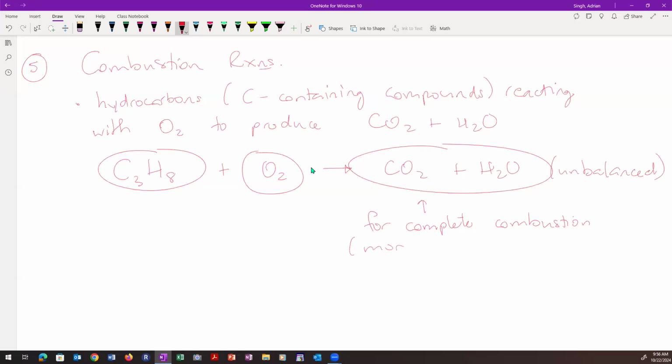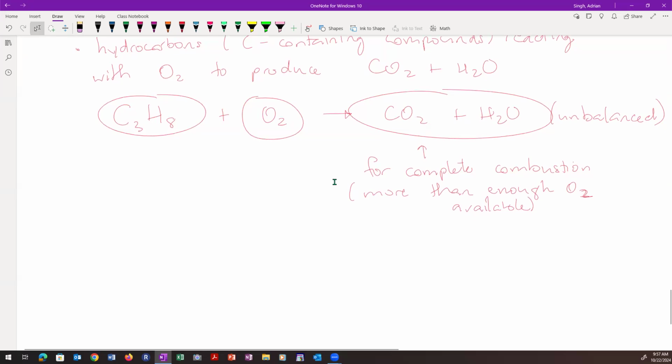So we say more than enough oxygen available, O2. In some cases, you don't have enough oxygen. Maybe you have a fire, you're burning something, and the oxygen supply is limited. It's restricted in some way, shape, or form.